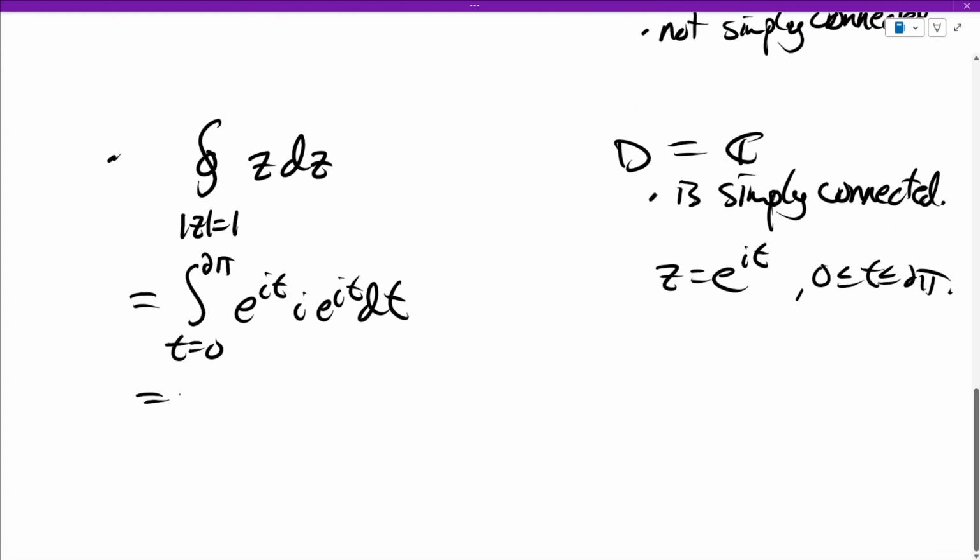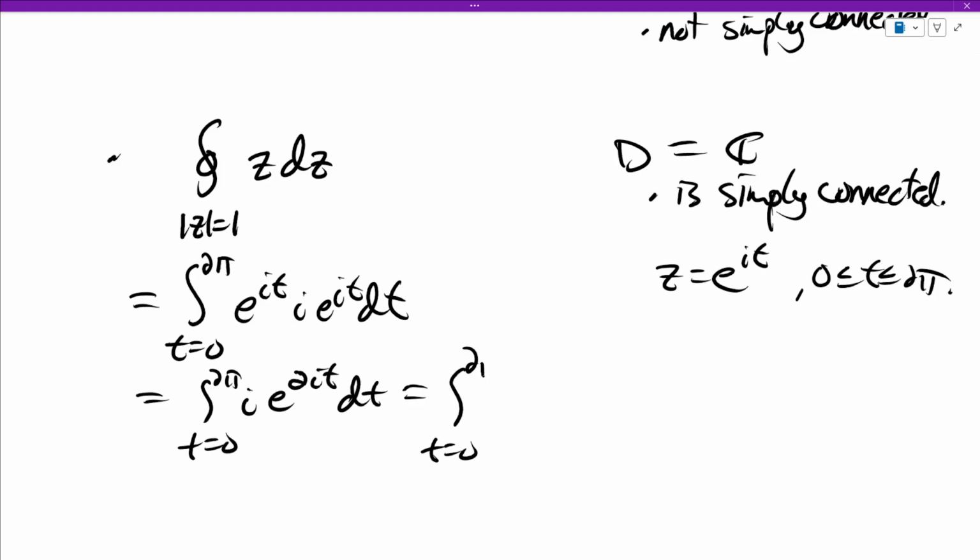Then we have the integral from t equals 0 to 2 pi of i e to the 2it. If we integrate that, we need to divide by the 2i. So we have i over 2i e to the 2it, evaluated from 0 to 2 pi.